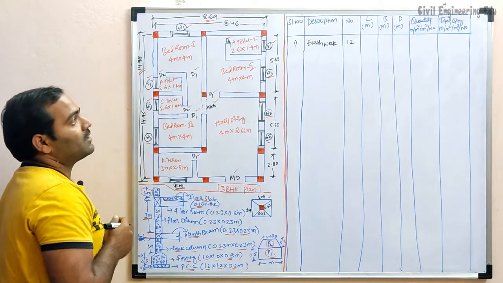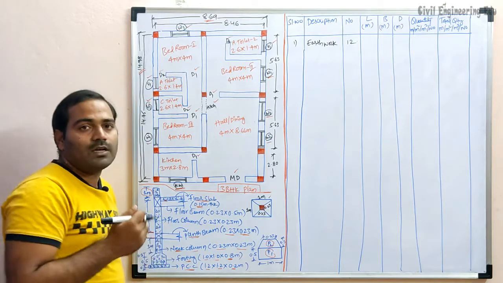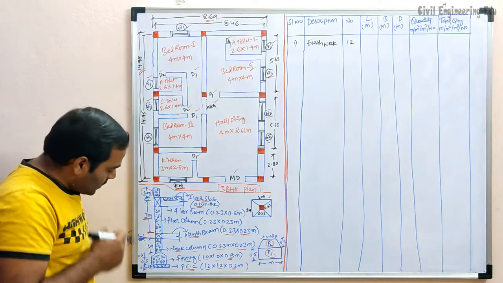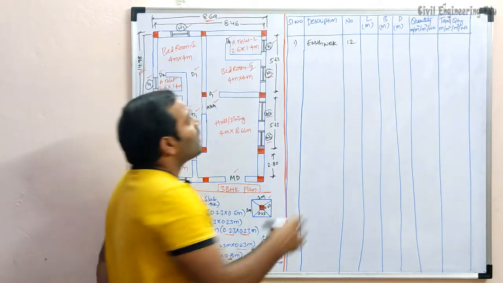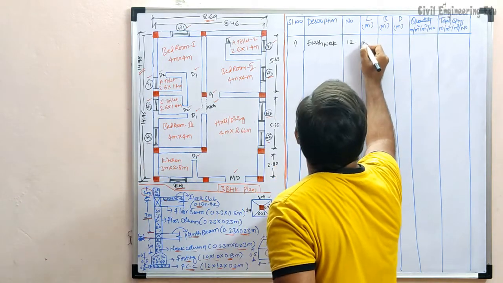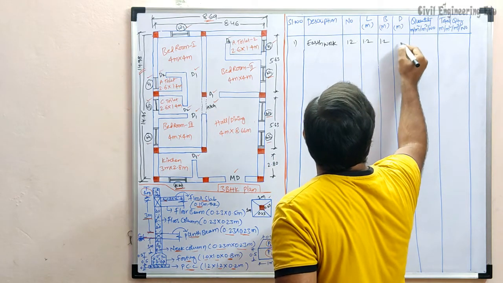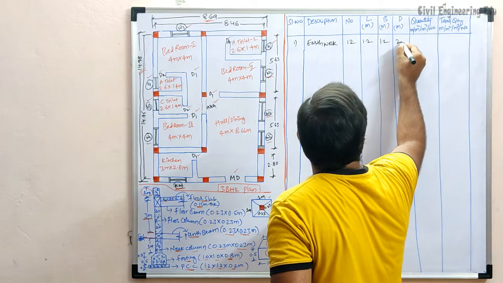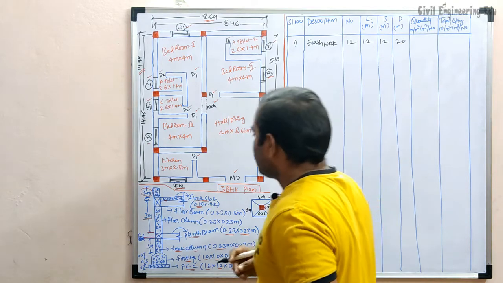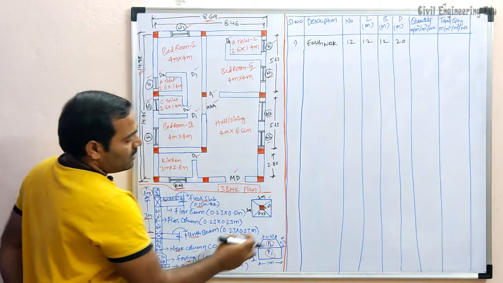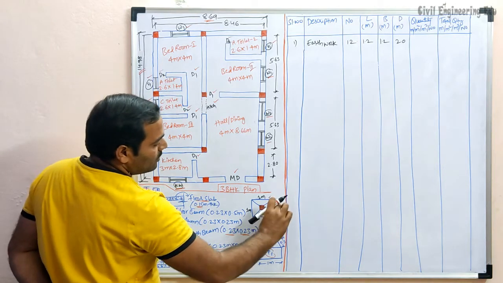For earthwork excavation, what are the dimensions? What is the length, what is the breadth, and what is the total depth? Here I am writing length 1.2 meters, breadth 1.2, depth is 2 meters. How have I written this? 1.2 meters is because the footing size is 1 meter by 1 meter.